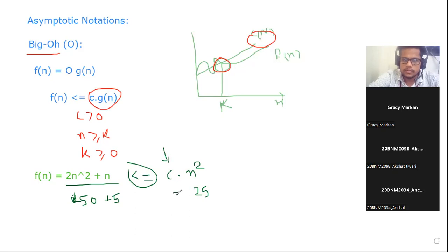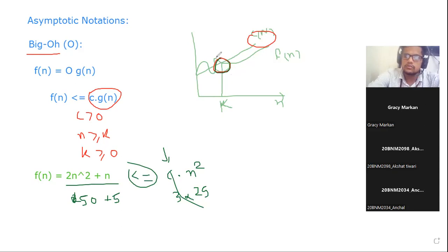But if I pick 3 into 25, it becomes 75. So after the value 3, we can say that C times Gn always becomes greater. This is the point, the K point.